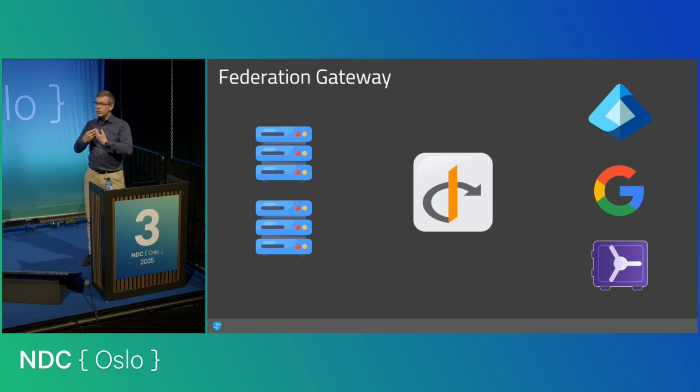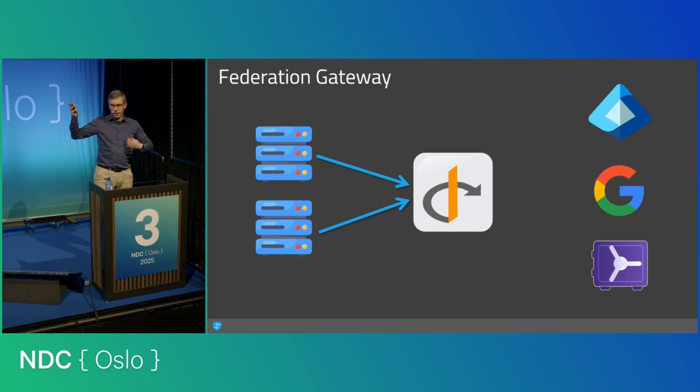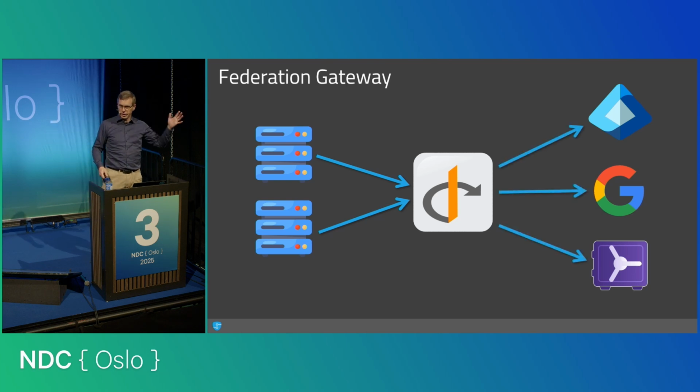We introduce our own OpenID provider in the middle, which is called the Federation Gateway. So our client applications now only need to interact with our OpenID provider, and then it's up to the OpenID provider to once and for all connect to the upstream providers and handle them. A very common application scenario.